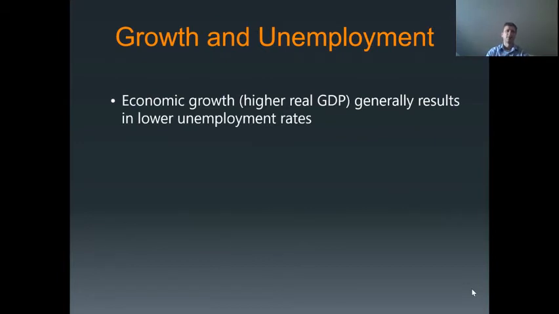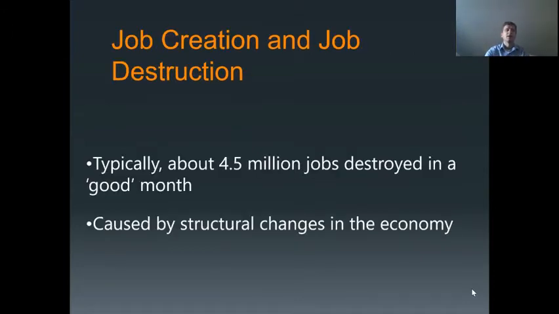To go back to this a little bit, the reason for that is if the economic growth, if the output, if that's GDP, it's your output, if that grows, usually it means that you need more people to do it. If your output growth has slowed, that means usually you need fewer people to do it. So that's sort of the connection there.